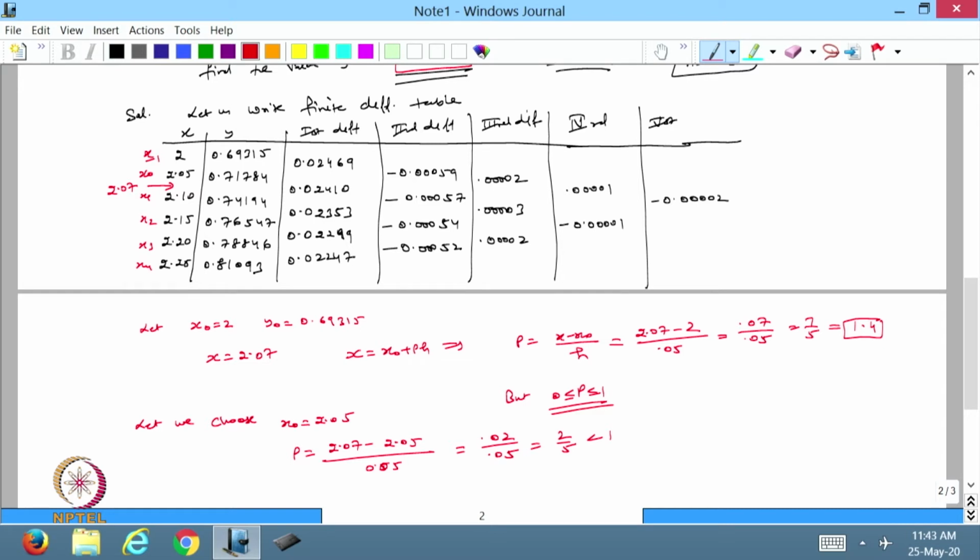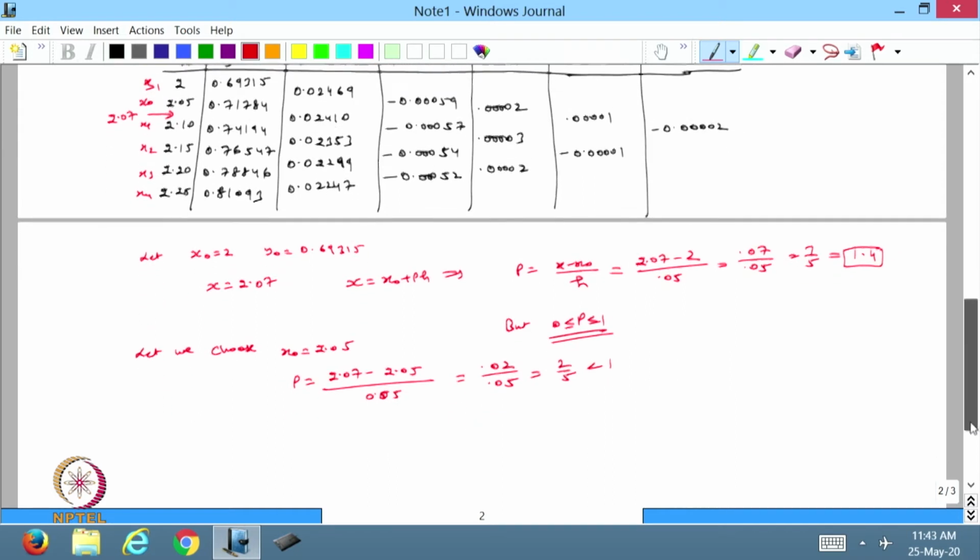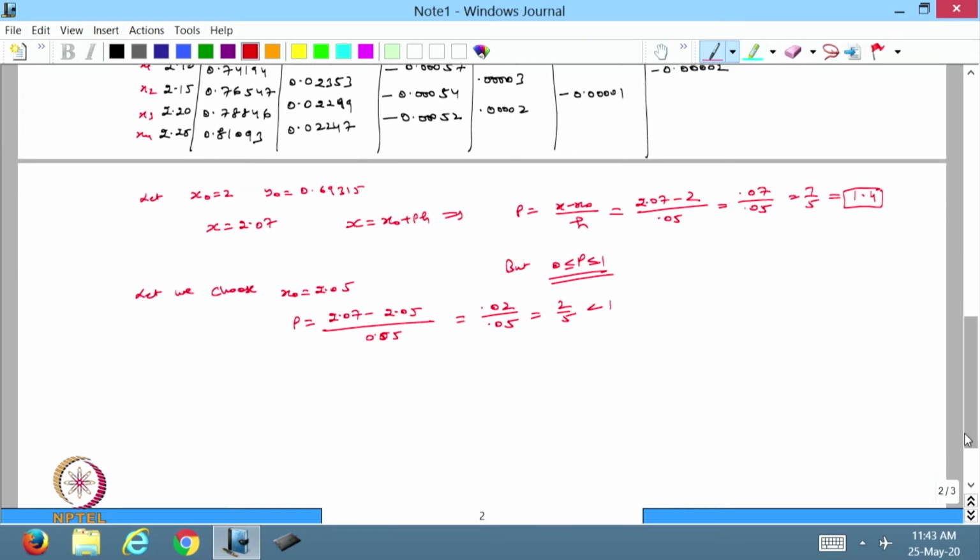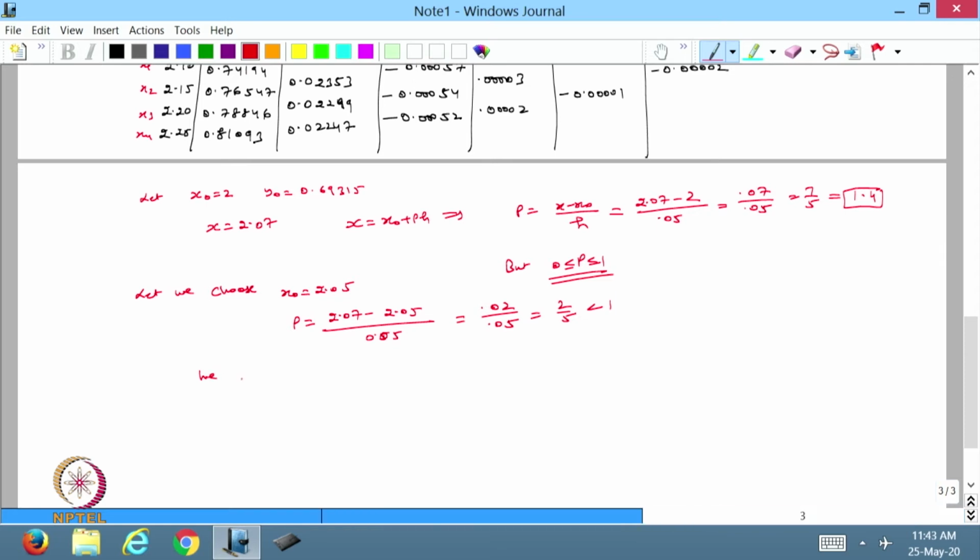So, now I want to apply, in this case I want to use the maximum value. So, we will apply Newton forward difference operator formula.